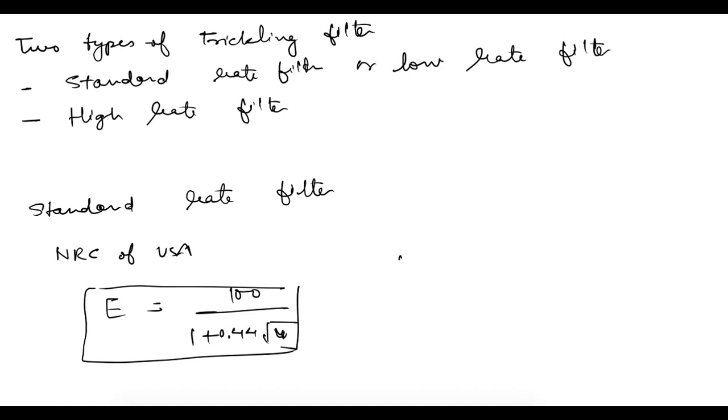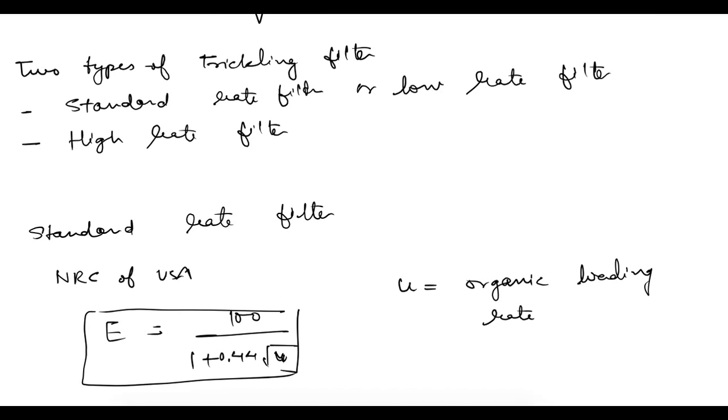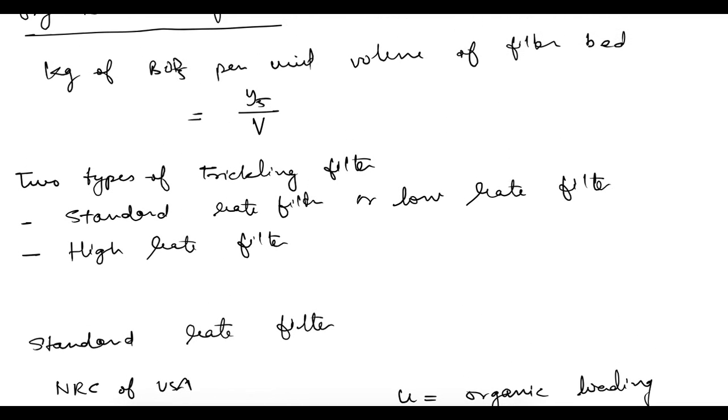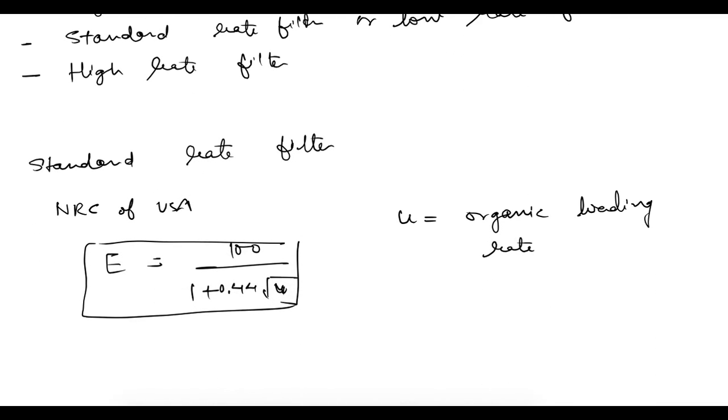And what is U here? U is your organic loading rate, that is kilogram BOD5 per unit volume of filter. So we can write kilogram BOD, Y5, divided by volume in meter cube.